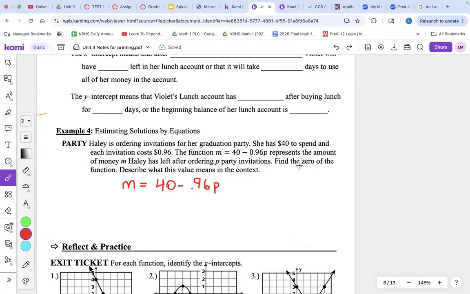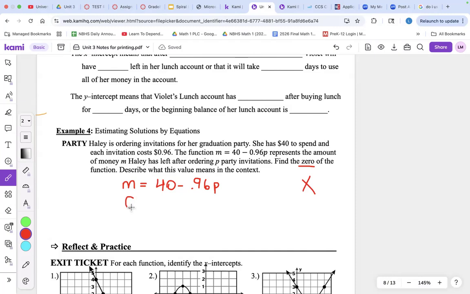Now, it asks us for the 0. So in order to find our 0, which is in order to find x, all you're going to do is change your y to 0.